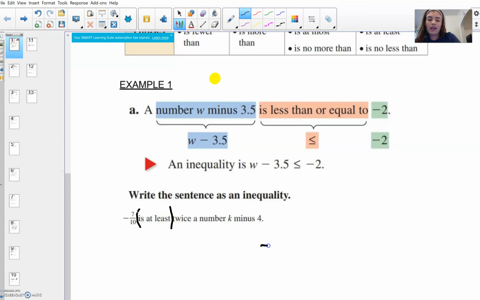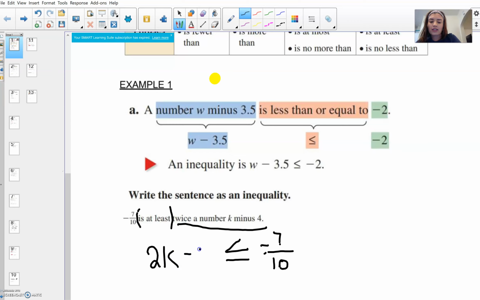On the left, we have -7/10, okay? Is at least twice a number k. So if twice a number k is at least the size of -7/10, then we are going to do a less than or equal to symbol. Okay, and now we're going to rewrite the second part. Twice a number k minus 4. Well, if we're taking twice a number k, that's 2 times k, and we're subtracting 4.